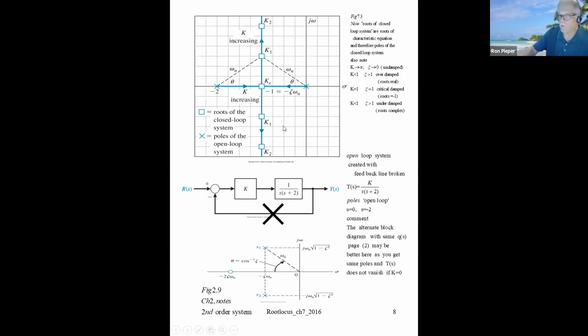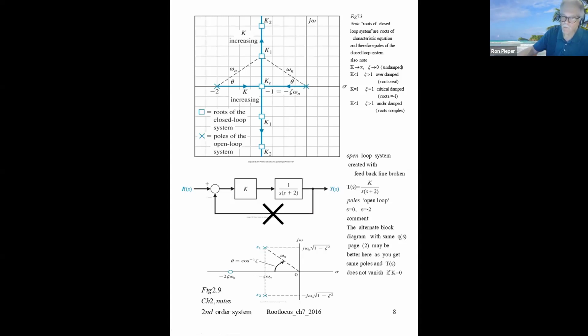And as soon as we increase K, we saw the poles move. I would argue this is one of the best rationales for recognizing the alternative block diagram model, which has the same root locus.